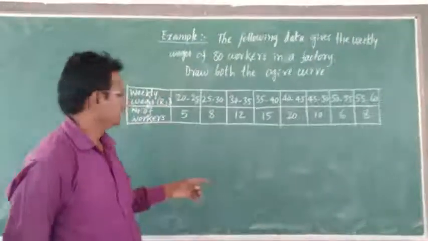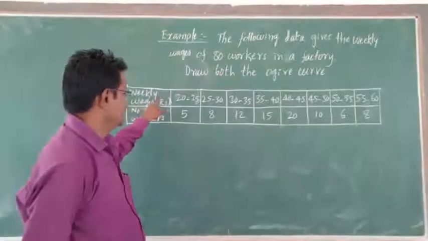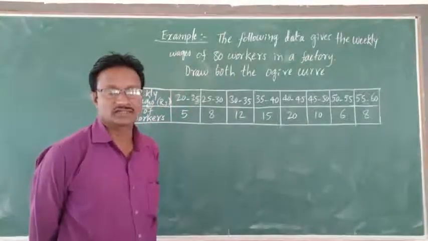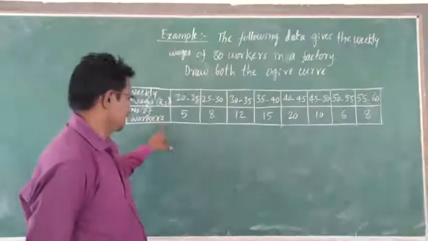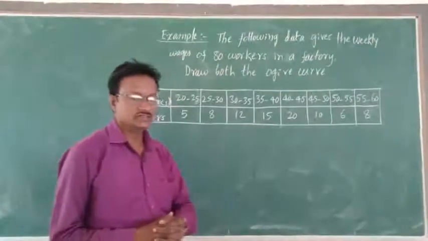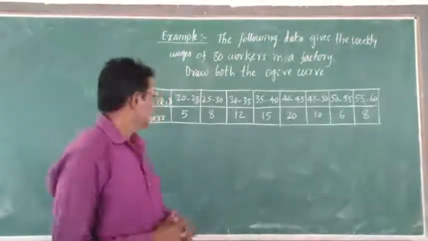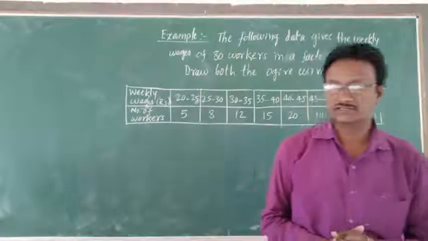And the data given is weekly wages in rupees, and it is given in a group, that is class intervals are given and number of workers. So weekly wages in rupees is a group in class interval, and the frequency, number of workers, is given.